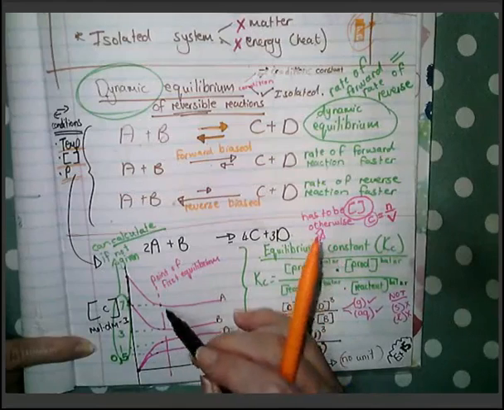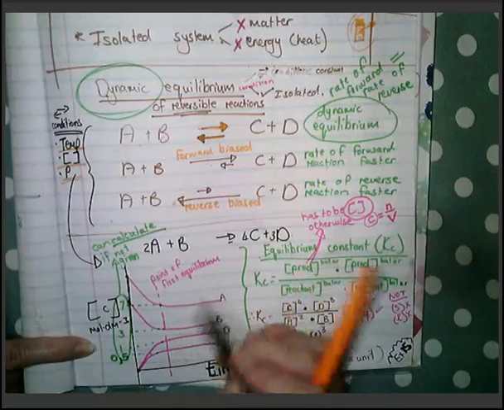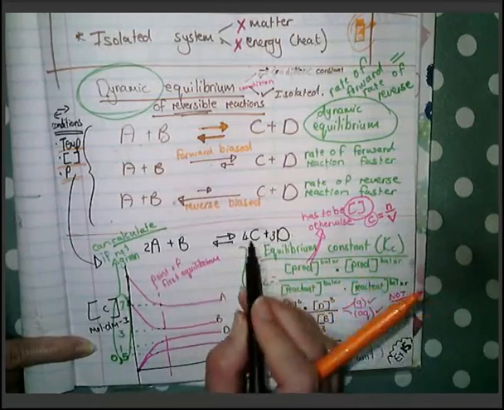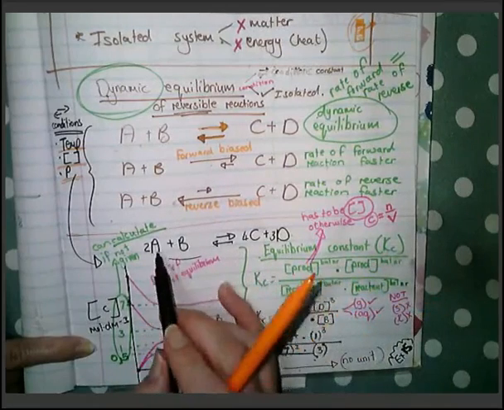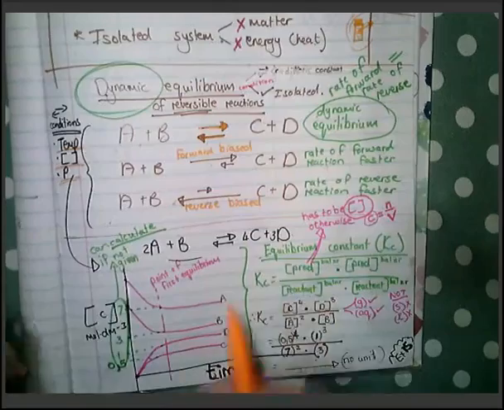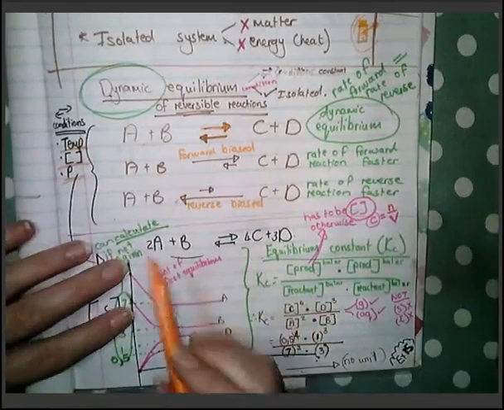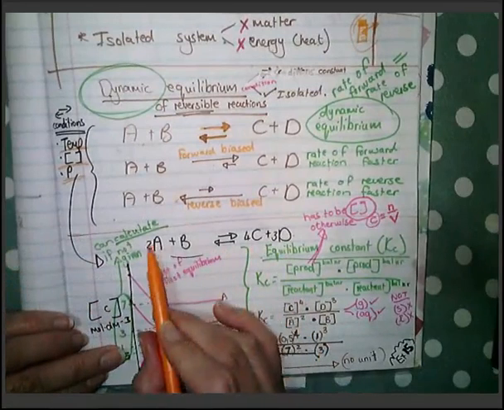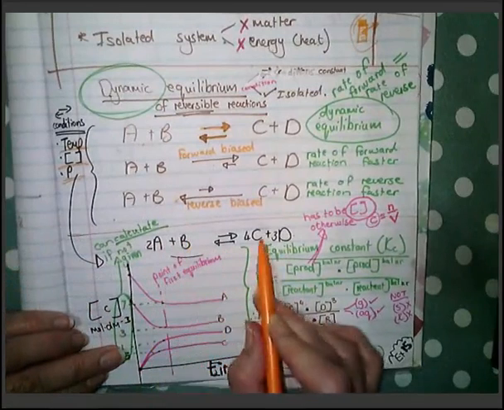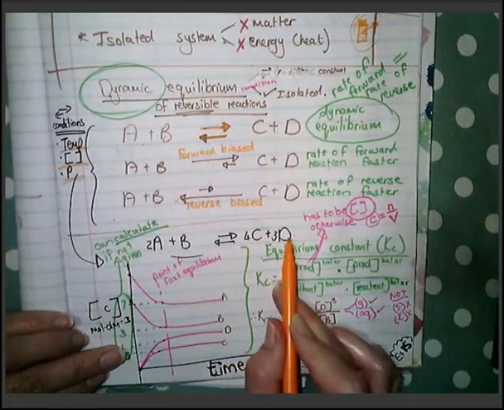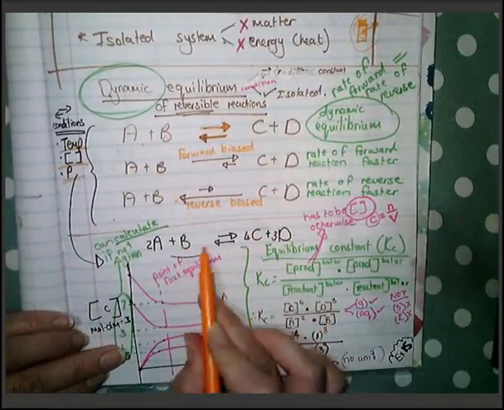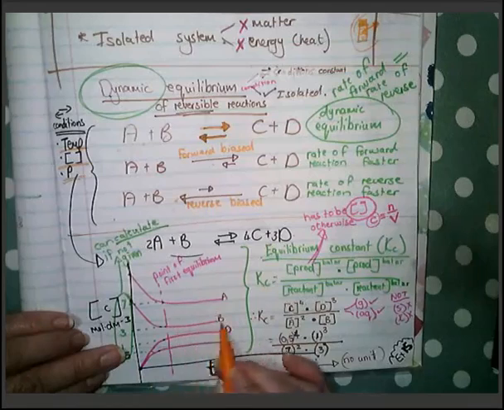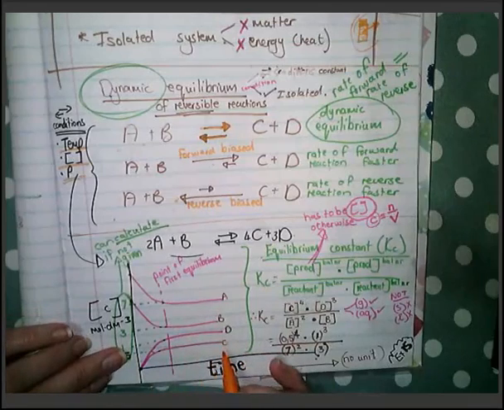But now at a certain point, the rate at which C and D forms A and B becomes equal to the rate at which A and B forms C and D. And because this makes this as fast as this makes this again, now their concentrations are all going to stay constant.